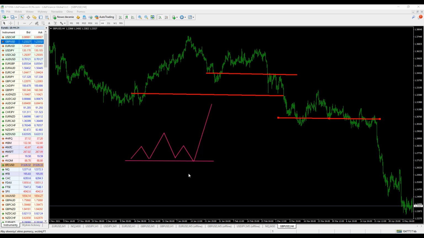We have the failure on the neckline, and all those shorts who are looking for a setup to go to the downside, it's false.